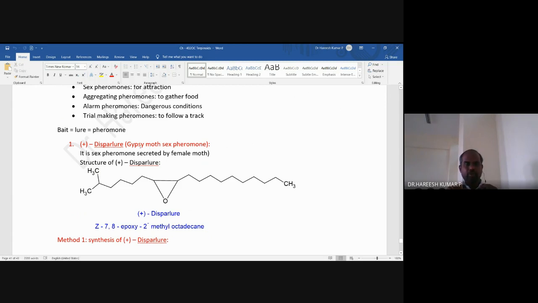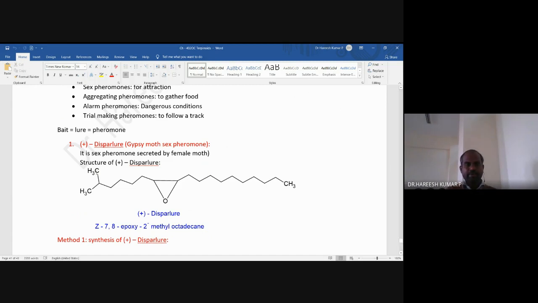So now I'm going for a particular pheromone, and what is the name of the pheromone and where it is isolated, and the structure and then synthesis. So more particularly two or three methods of synthesis. Out of three or out of two, one will be the stereospecific synthesis.